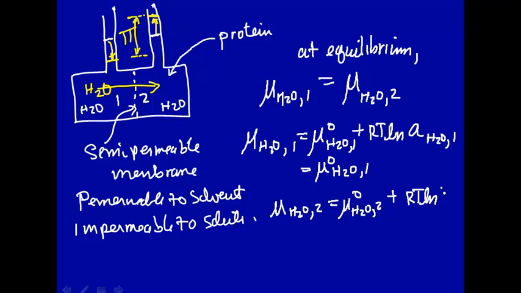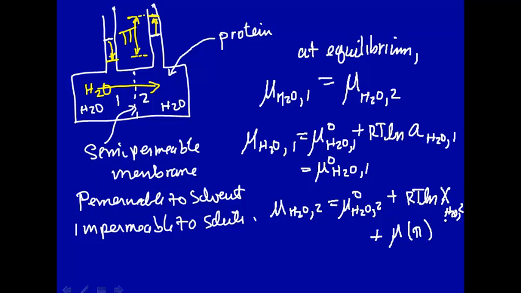Let's assume we have an ideal solution, so I'll just put the mole fraction of water on the second side. And then we have an additional component due to this pressure difference here. So I'll call that mu for osmotic pressure.